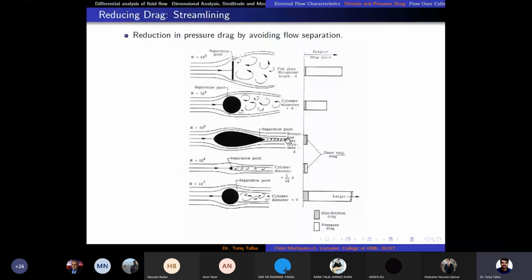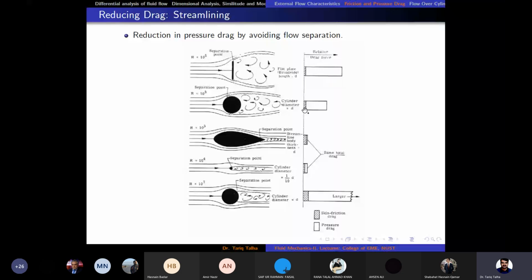For this aerofoil and this small cylinder, the drag forces are very small and quite comparable. But if the cylinder is big and the Reynolds number is even higher, then you can see that the drag force is more.